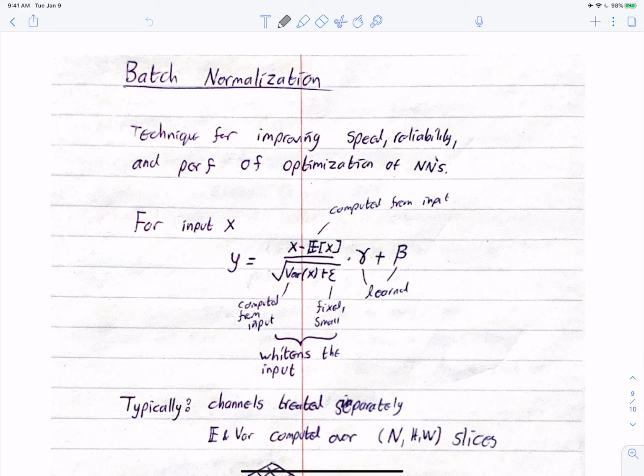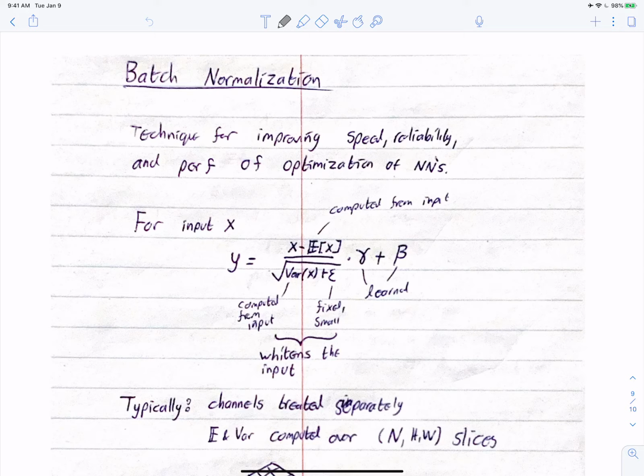So here, if the input is x, we compute the expectation of x, or the average value of x, computed from the input, subtract that from x, and then divide by the square root of the variance of x. Remember that the variance of x is the expectation of x minus its mean, squared. The square root of variance is the standard deviation, so roughly this is subtracting the mean of x and dividing by its standard deviation.